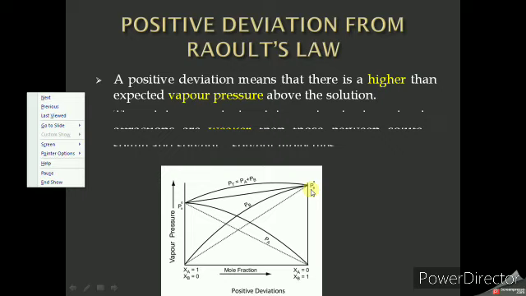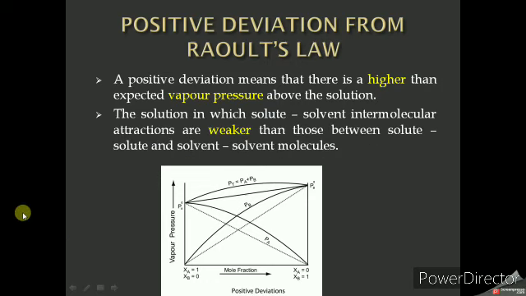Then this is the deviation and the actual line is shown with dotted lines. So the solution in which solute-solvent intermolecular attractions are weaker than those between solute-solute and solvent-solvent, that's why it is called positive deviation from Raoult's law.